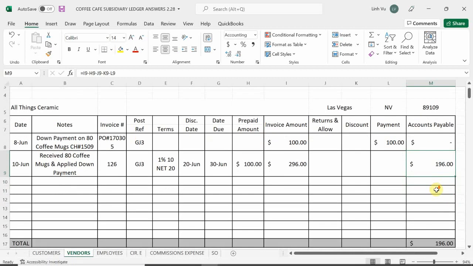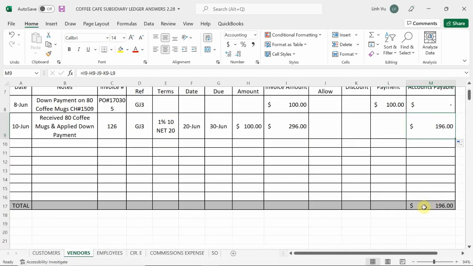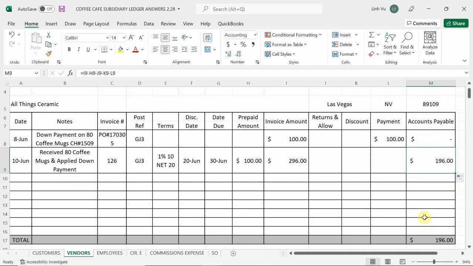And at the bottom here should tell you that you owe All Things Ceramics $196. All right, so that was the journal. That was the ledger. This is the subsidiary ledger, okay?